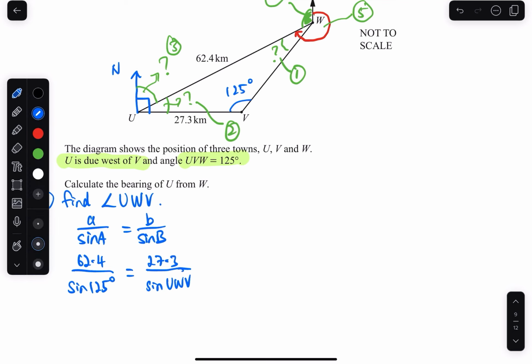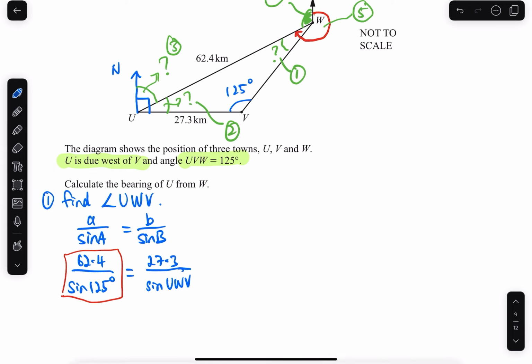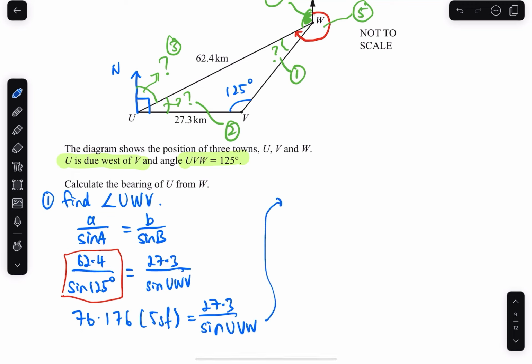For the fraction in red, we can use the calculator: 62.4 divided by sine 125 gives 76.176, to 5 significant figures, equals 27.3 over sine UWV.